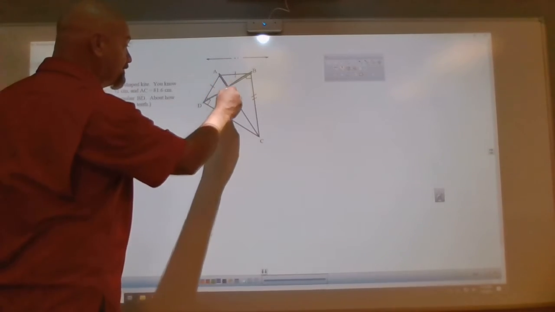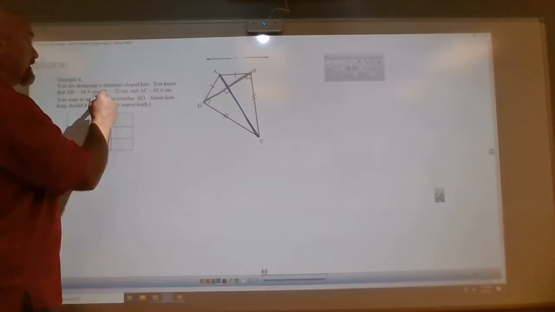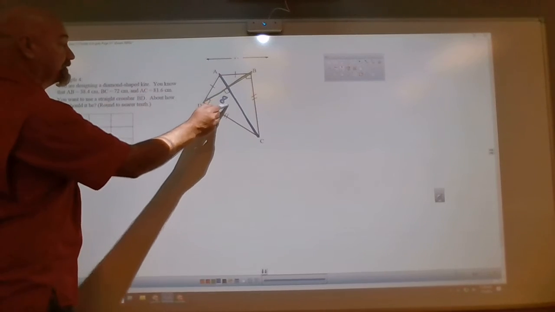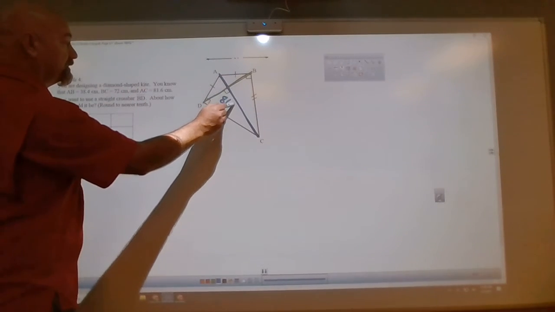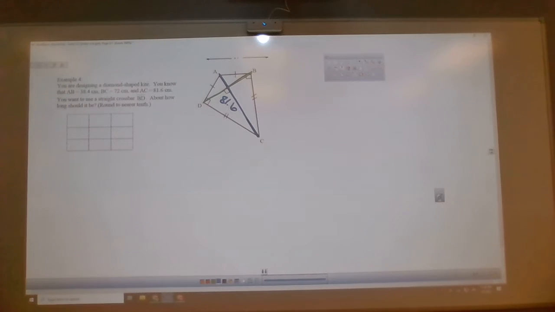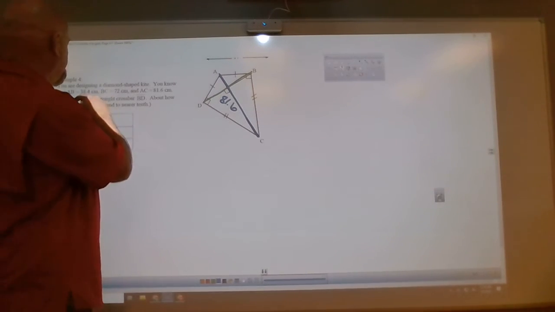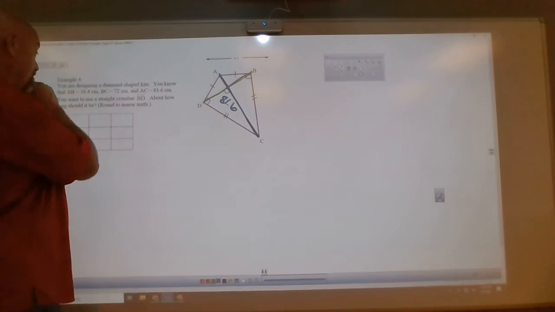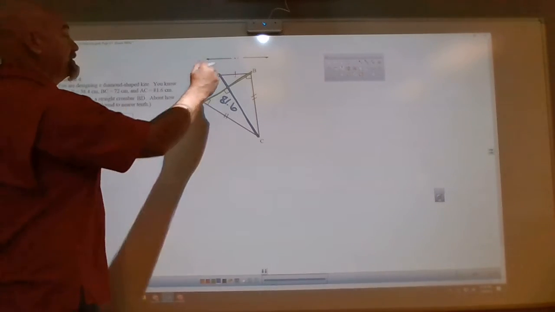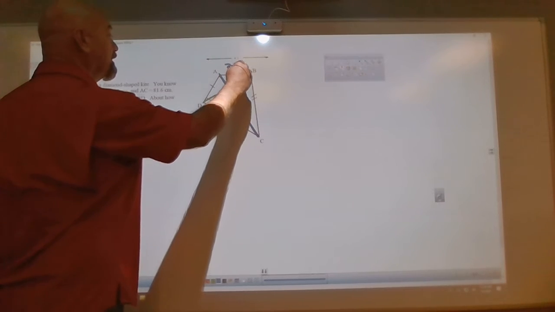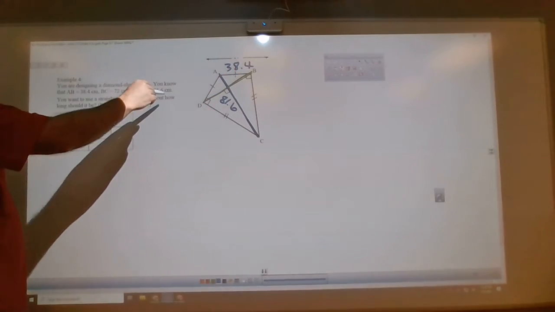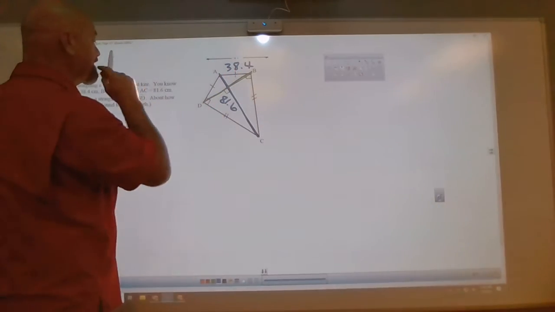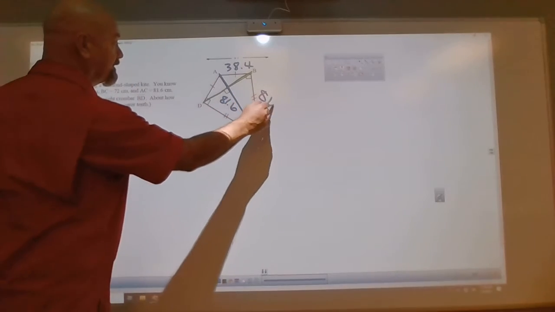So then what we'll do is, we want this one, which is 81.6. And then we have AB, which is 38.4. And then we have AC, which is 81.6.